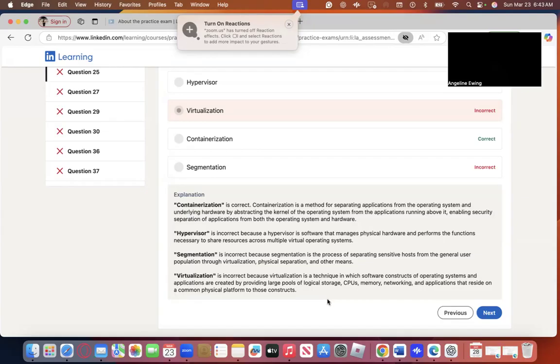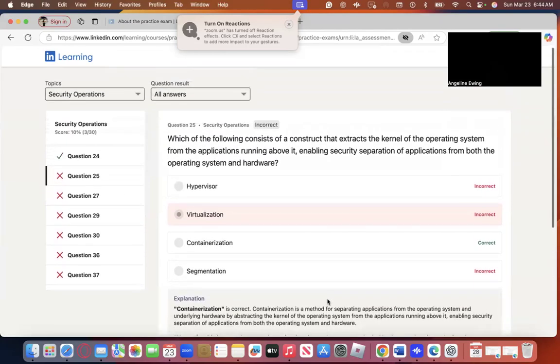Finally, virtualization is a technique in which software constructs of operating systems and applications are created by providing large pools of logical storage, CPUs, memories, networking, and applications that reside on a common physical platform for those constructs.